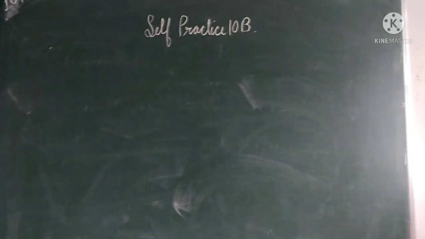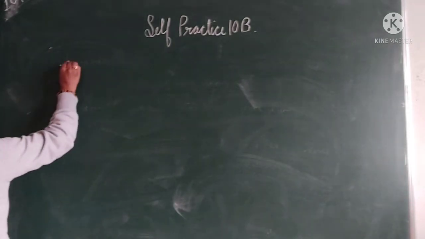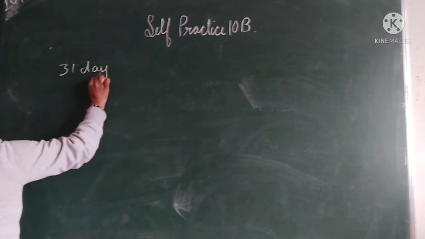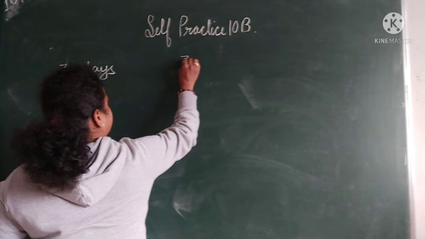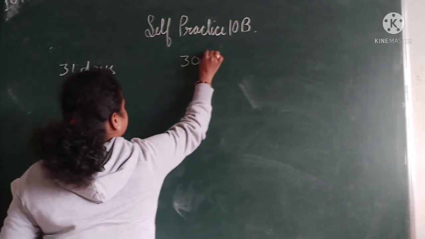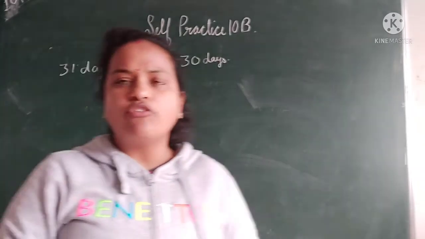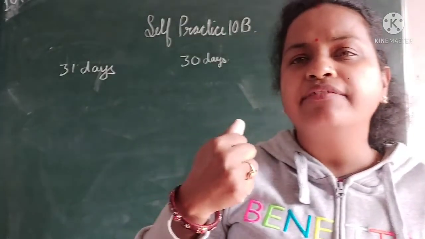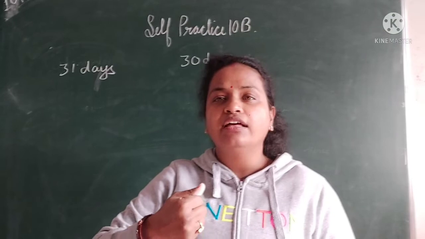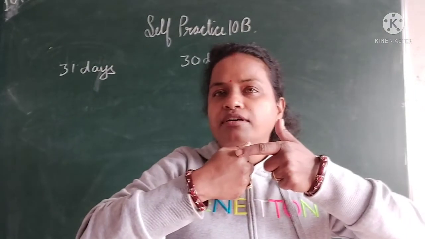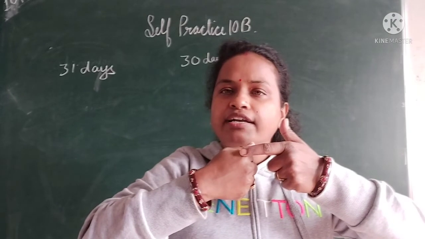Now see, which months have 31 days? And which months have 30 days? Now you see, for your easiness I can tell you, on your fist you can count which have 31 days and which have 30 days. See, January, it is above, na? 31 days.